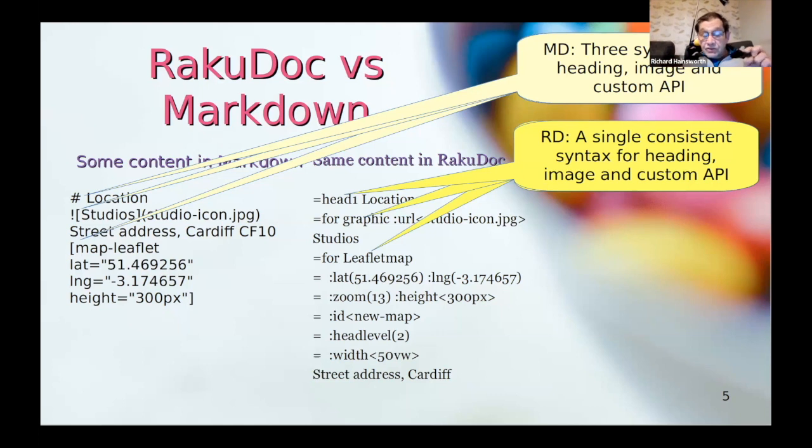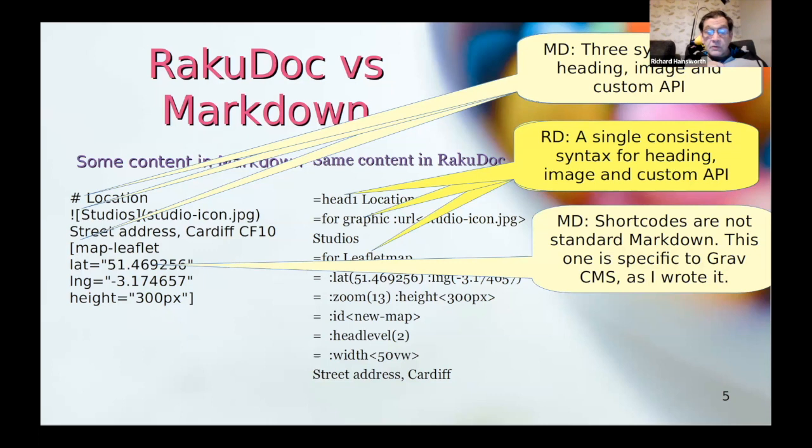And you will notice that within leaflet map, there is a lot of extra metadata such as latitude and longitude, zoom, height, ID, head level, width, and they're all included in the same form and will be the same for every block. If you notice on the Markdown side, this is a shortcode.